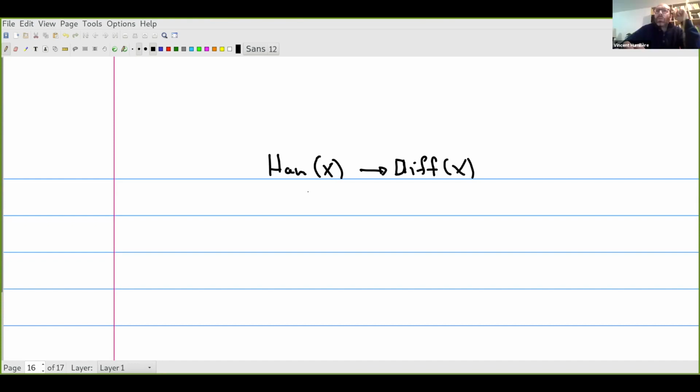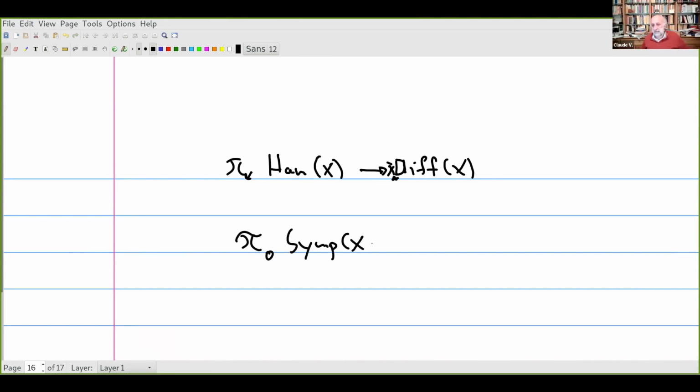So when you say the kernel in this context, I meant just already this. Okay. That's what I meant. Even for Simp in this case, it's not clear. Well, all I'm trying to say is that if you look at pi 0, I was first thinking about pi 0 Simp to pi 0 Diff.